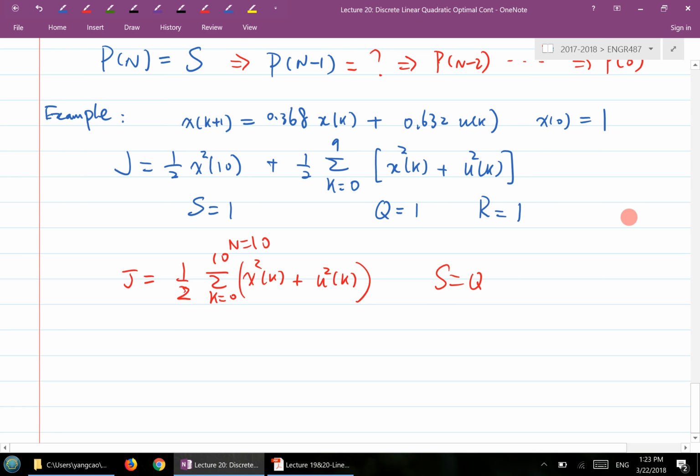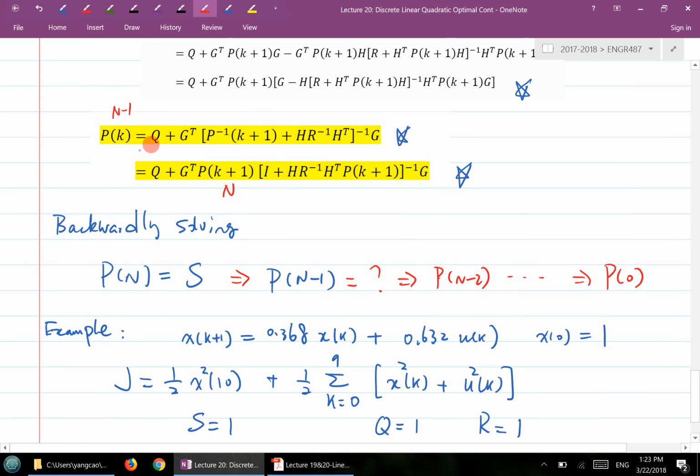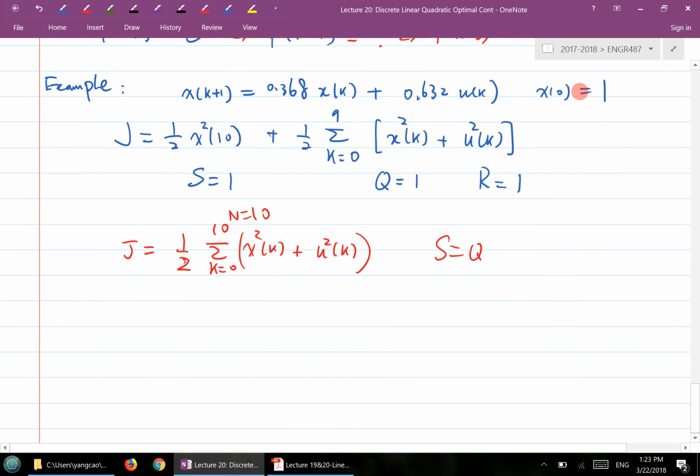So let's go back to our discrete Riccati equation right here. I'm going to choose this one because there's less writing involved.